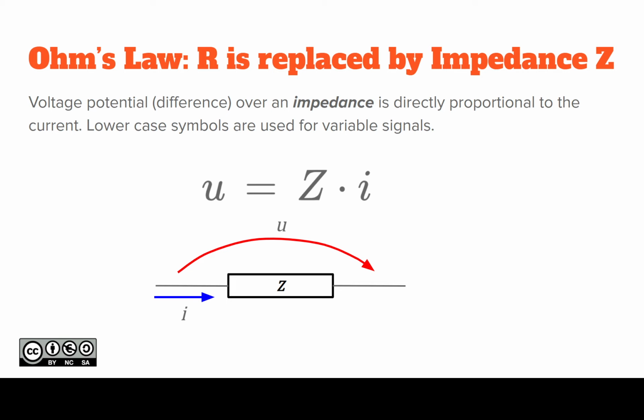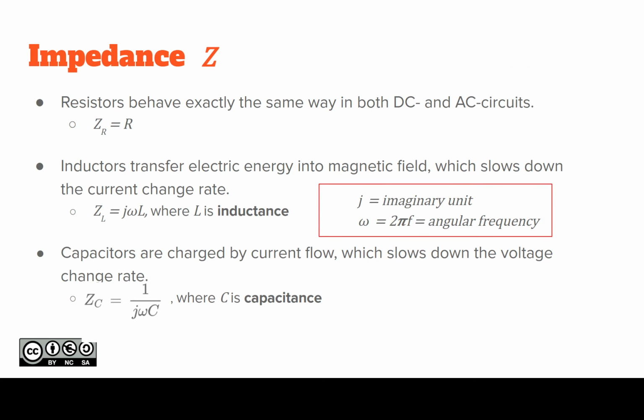Exactly the same as on the resistor. Then some talk about the impedance. The impedance of a resistor is the same as the resistance. For inductors, the impedance is j omega L. So it's an imaginary number.